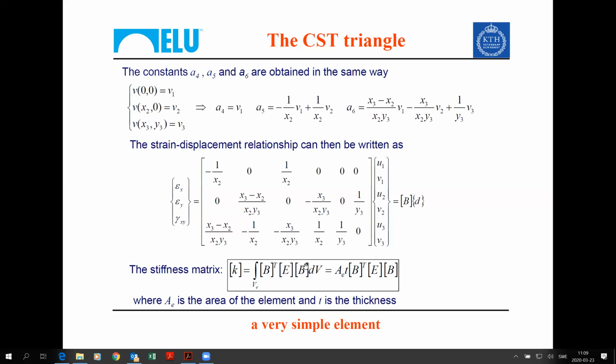Finally, since all these terms are constant, this product gets outside the integral, and we have an integral over the volume of dV. So this integral will give us the volume of the element, which is the area of the element times the thickness, times the product B transpose times E times B.